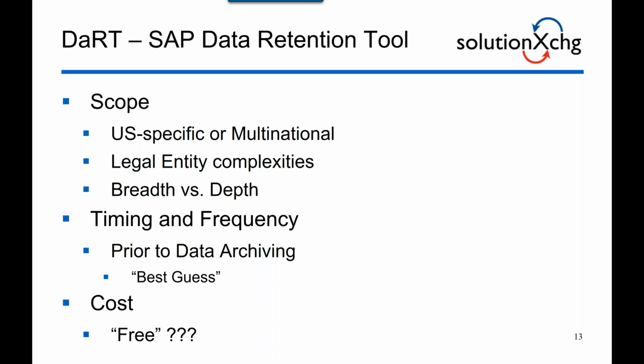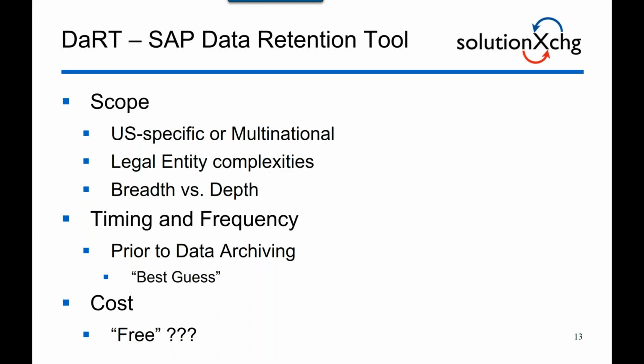Again, the main consideration around timing is that because it has the ability to report against the online content, but has very, very limited ability to report against the archived content, it generally has to be run in advance of data archiving, with very, very few options to use it after archiving.